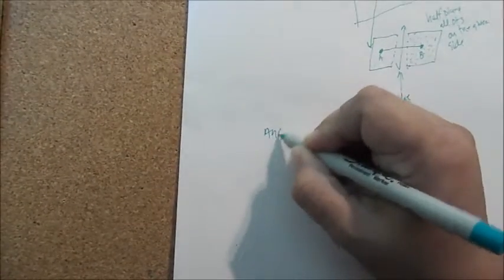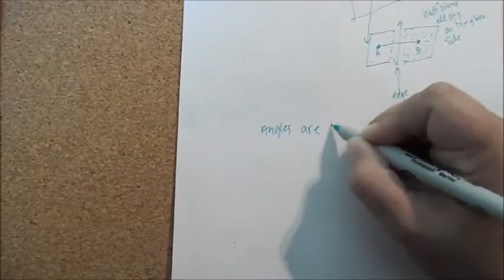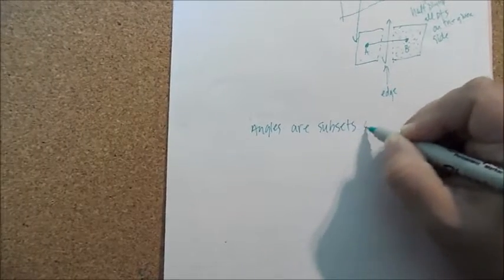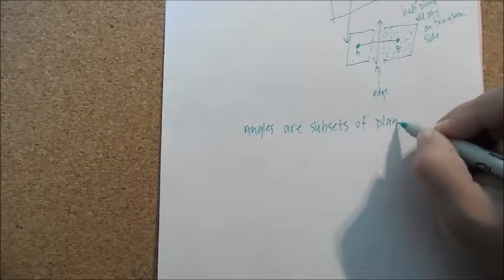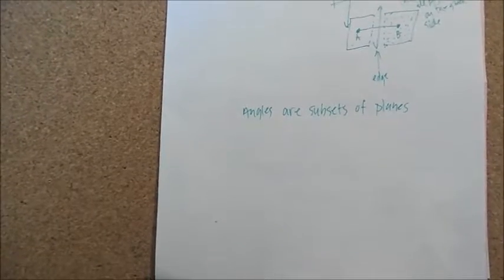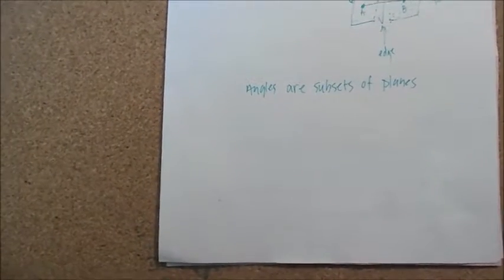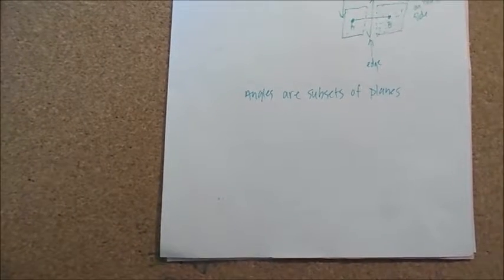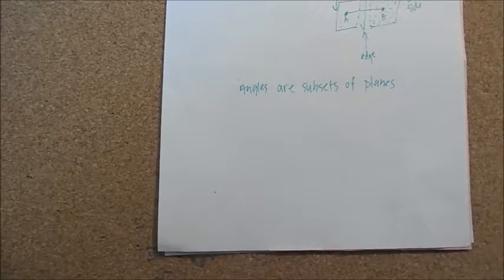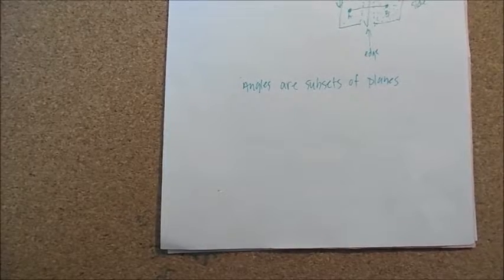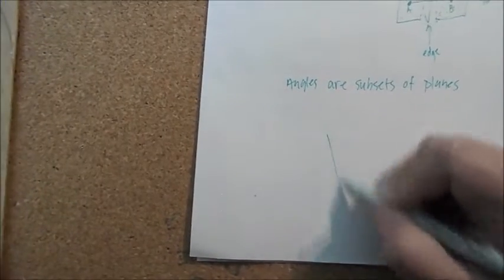The next set of definitions in section 2.3 go with angles. Angles are subsets of planes. Remember, we're just trying to talk about portions of planes. By definition, an angle is the union of two distinct rays with a common endpoint.